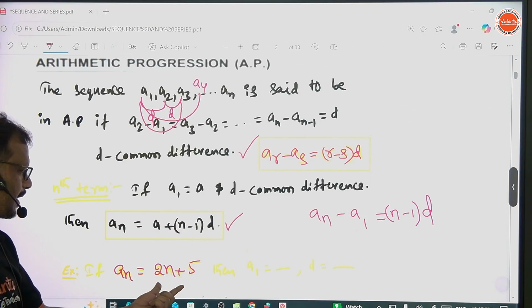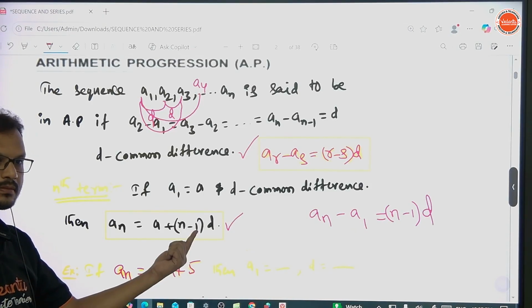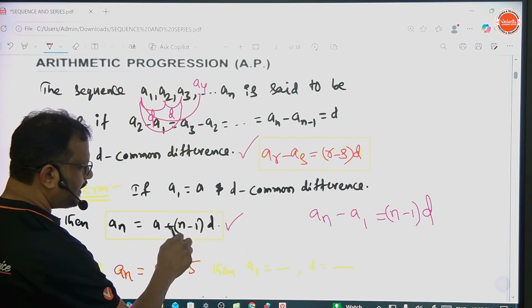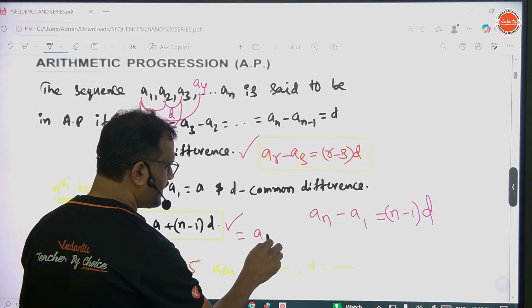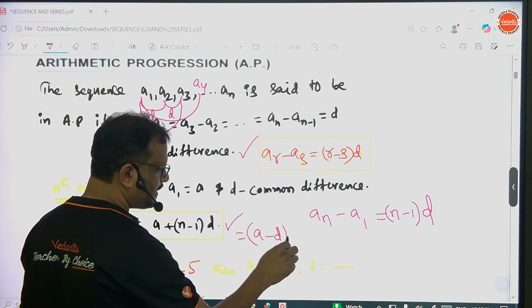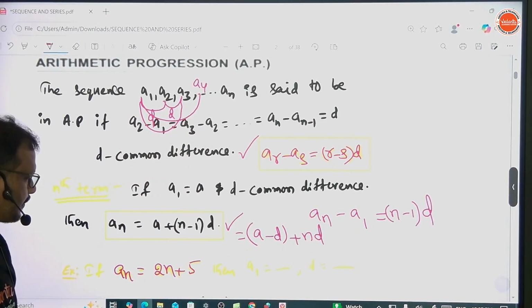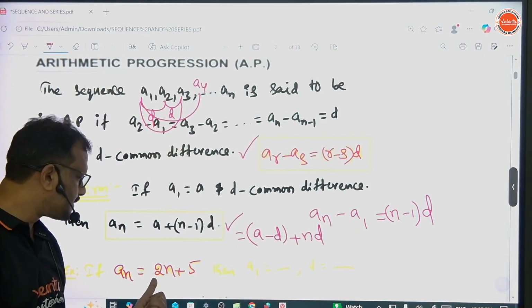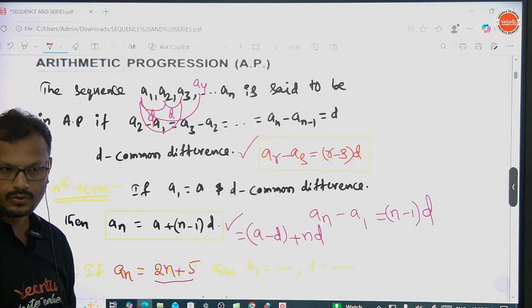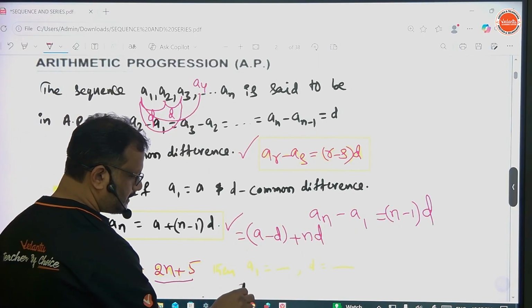So just compare. If you simplify, the nth term is A minus D plus nD. Correct? So what is the D value according to this one? 2. So D equals 2. That's it.